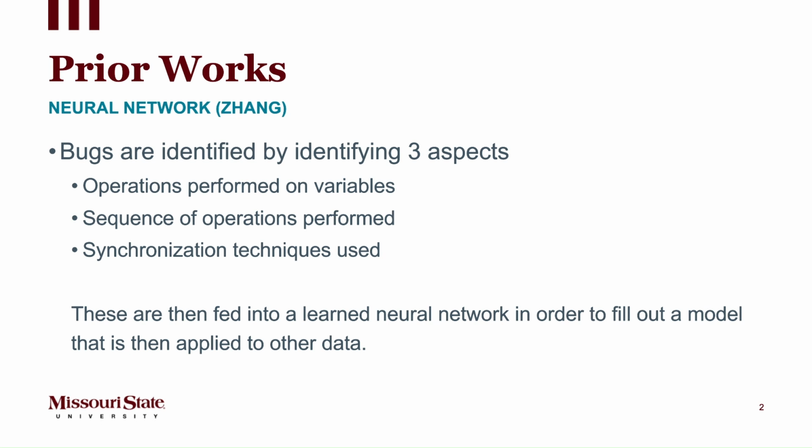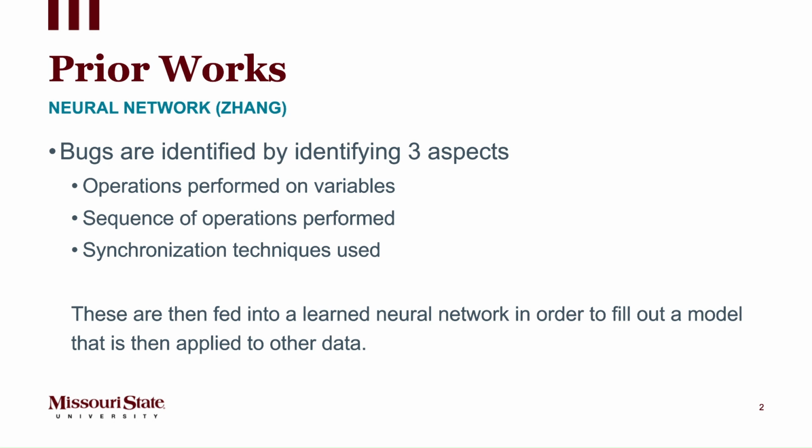The neural network approach is implemented by first identifying three aspects of the code being tested. The three aspects that we need to know are the operations performed on variables that are common throughout the entire code, such as a variable that is accessed by multiple threads as the code may run.